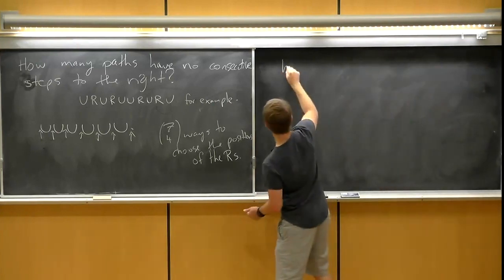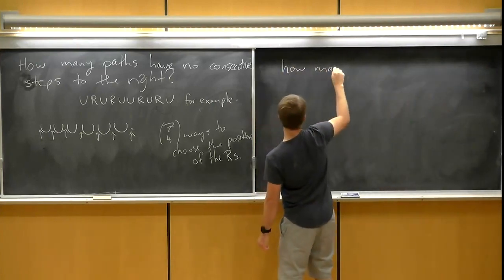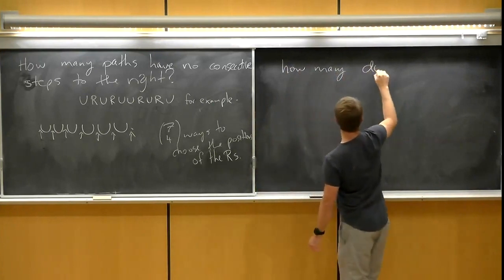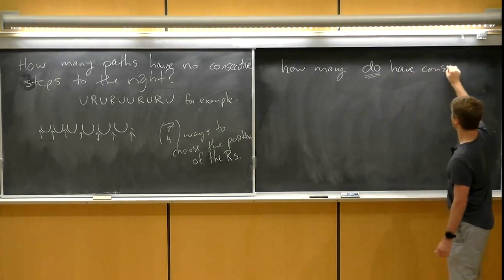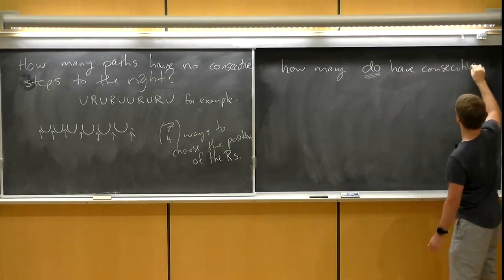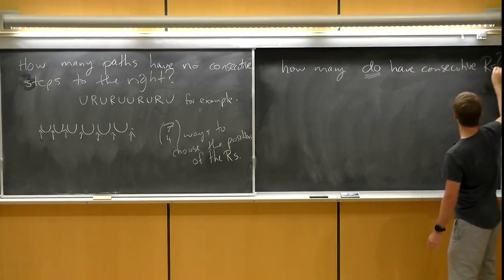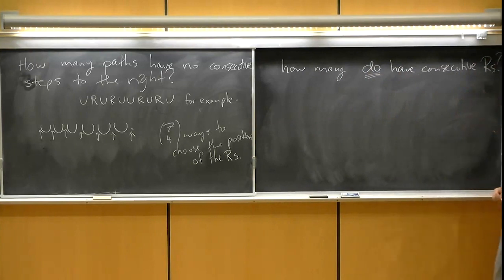So how many have consecutive right steps? Yeah. So they could all be in a block, right, right, right, right. They could be right, right, and then no other consecutive rights, or any kind of combination.